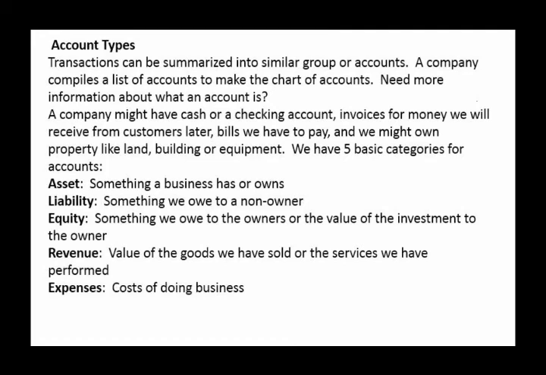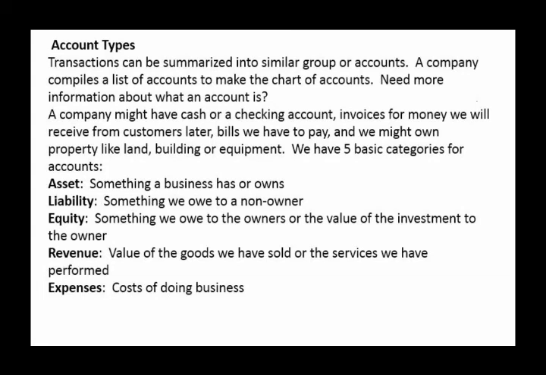These 3 terms we discussed in the last class as well. The new terms are revenue and expense. Revenue is the value of goods we have sold or the services we have performed, and the expense is the cost of doing the business.